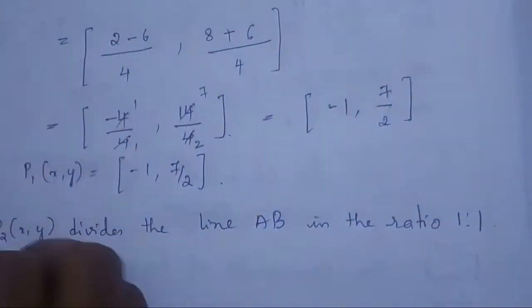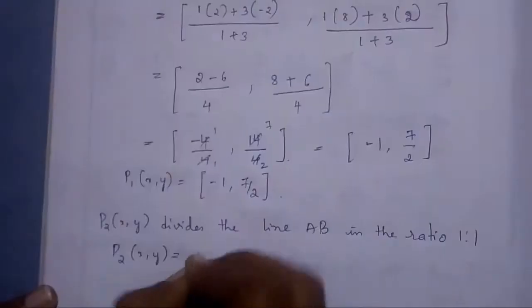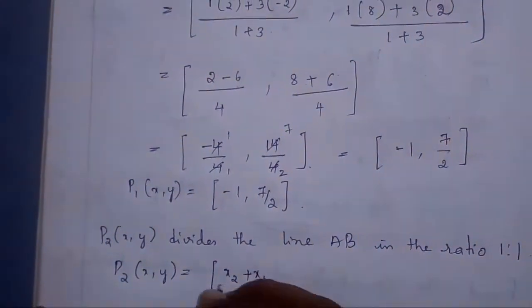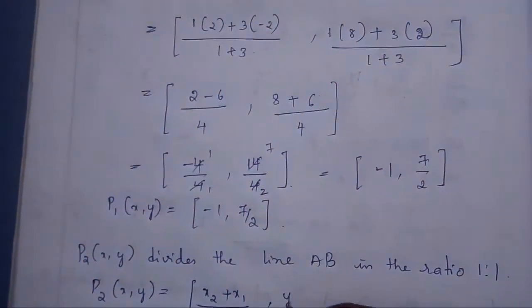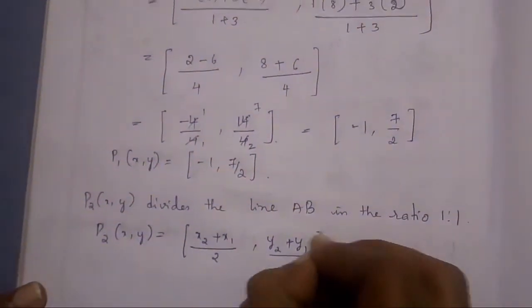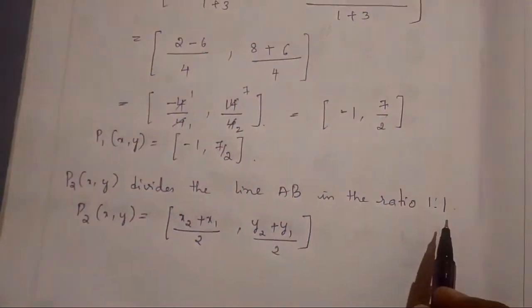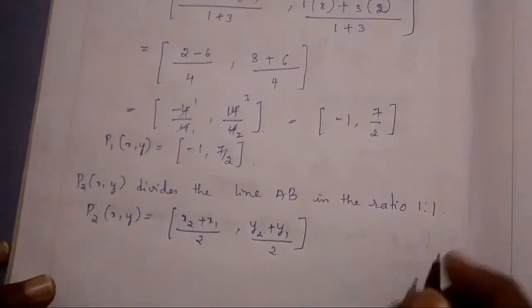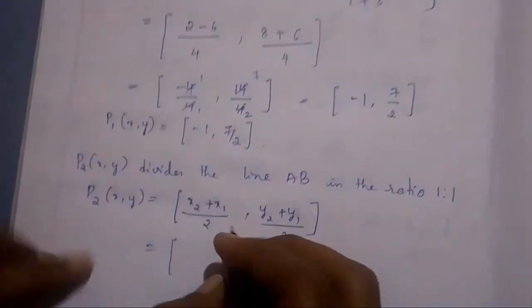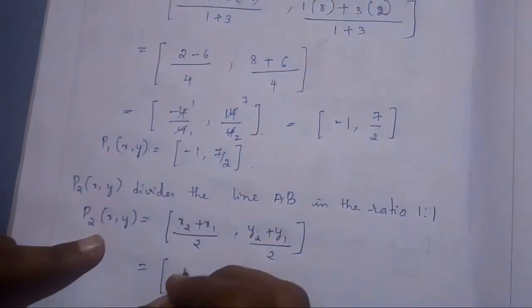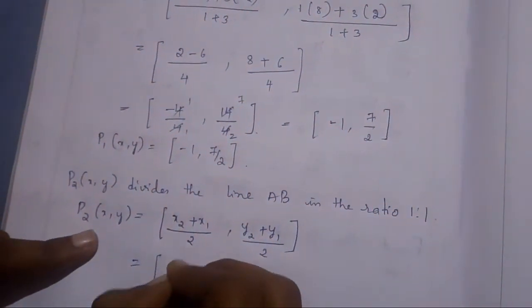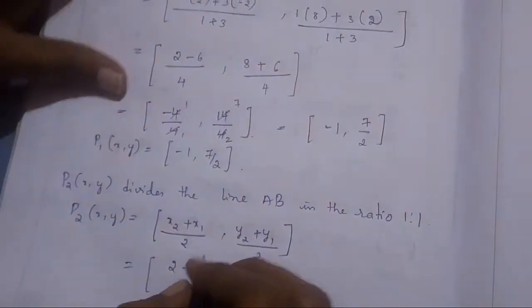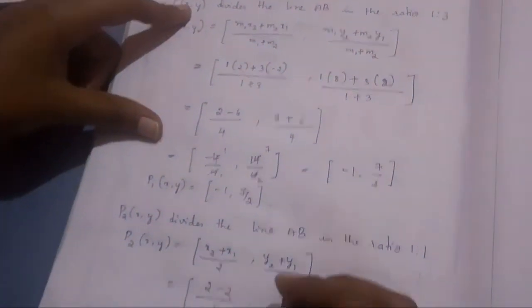We know that the midpoint formula P2 of x, y is equal to (x2 plus x1) divided by 2, (y2 plus y1) divided by 2. Because the ratio is 1:1, I am applying the midpoint formula for this. x2 is 2, x1 is minus 2, divided by 2, y2 is 8 plus y1 is 2, divided by 2.